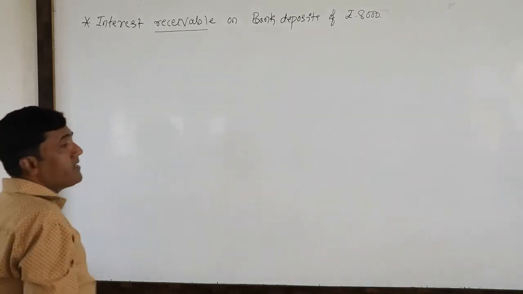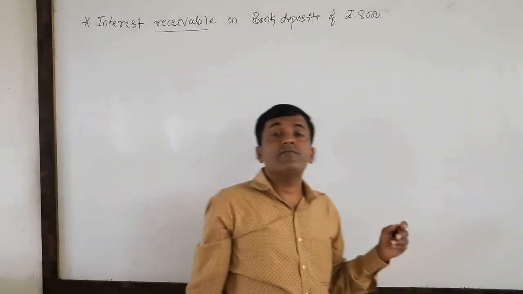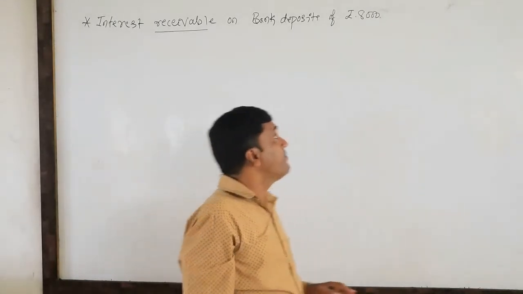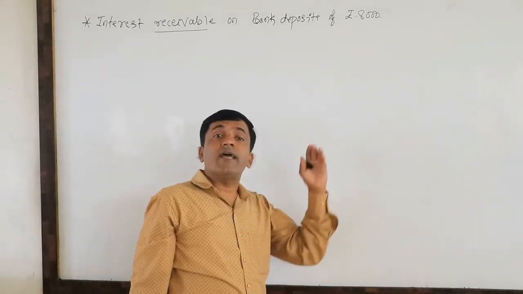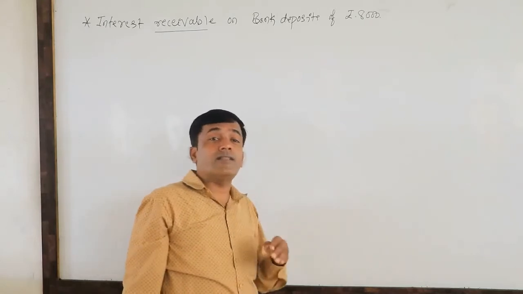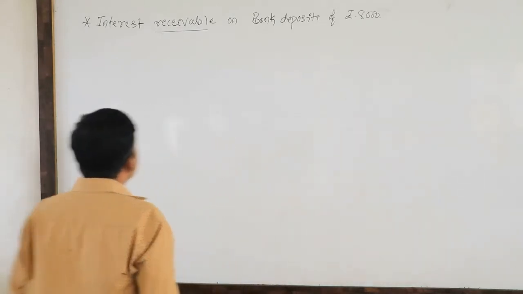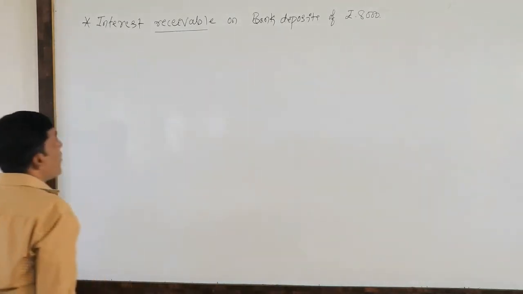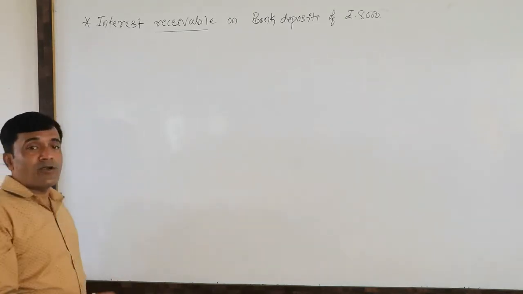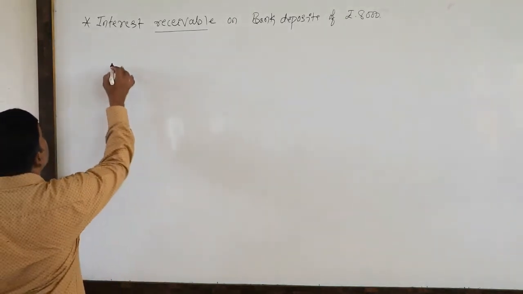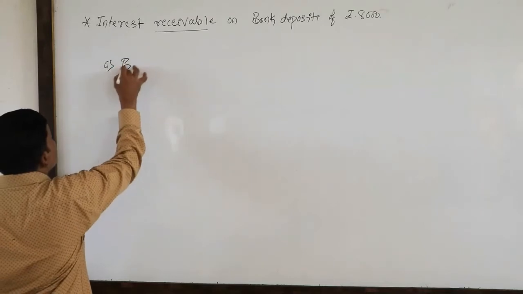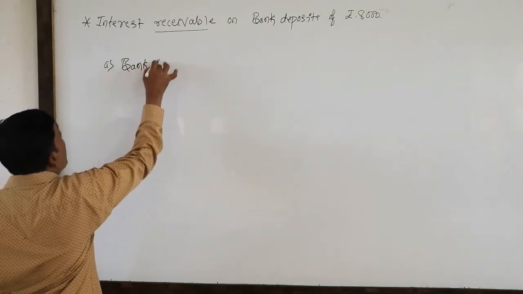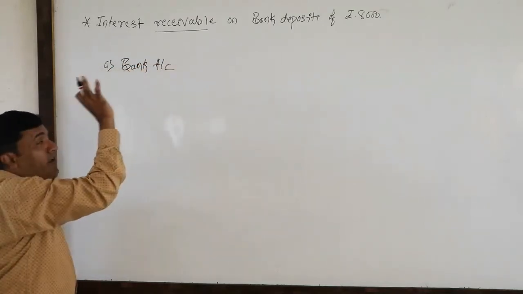It means that in this example cash has not come yet, but the cash is there in the bank itself, as we have earned the interest amount but not yet received it. So where is that amount? That amount is in the bank. That is the reason we need to write bank account instead of cash account.